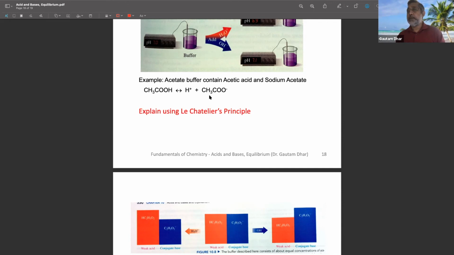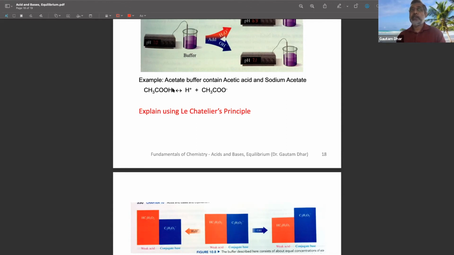Now, what happens if I add a base? If I add a base, OH minus, the OH minus will react with the H plus to form water, and the acid CH3COOH will dissociate, moving the reaction towards the right. So it will produce more H plus ions and more CH3COO minus.